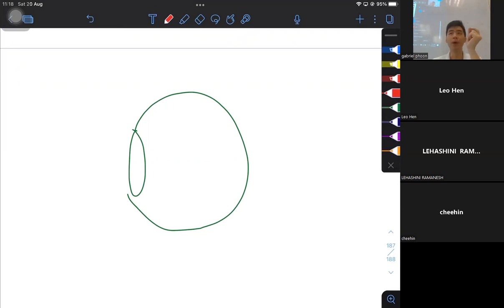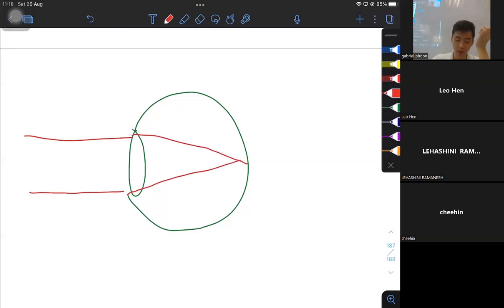For people with perfect vision, when the light rays enter their eyes, the lens in front of our eyes is going to converge the light rays to exactly the back of our eyeballs. So with perfect vision, your light rays behave something like this. It will converge exactly at the back of your eye, and that is when you will see perfect vision.